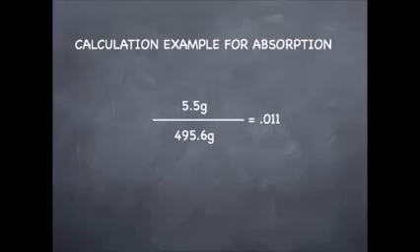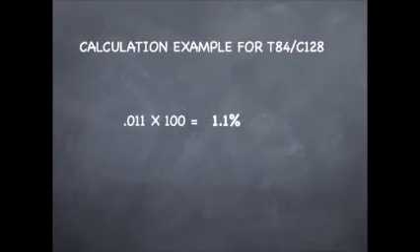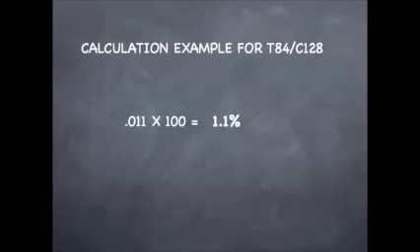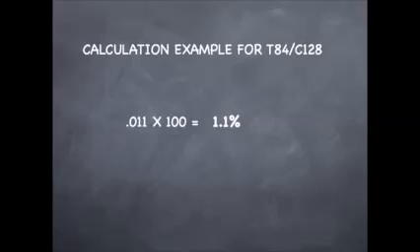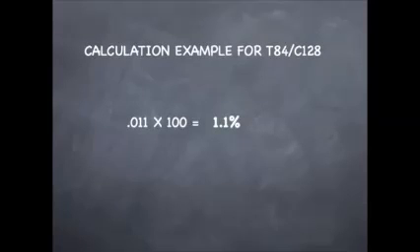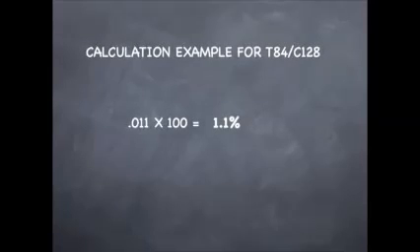And if we do the math, we should wind up with 5.5 grams divided by 495.6 grams, which should give us 0.011. And if we take the 0.011 and multiply it by 100, we should wind up with an absorption for our fine aggregate of 1.1%.